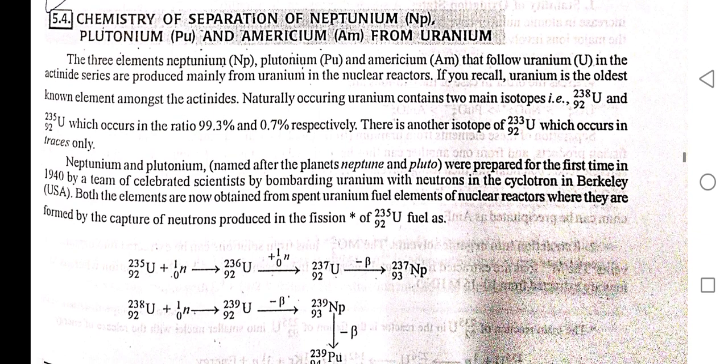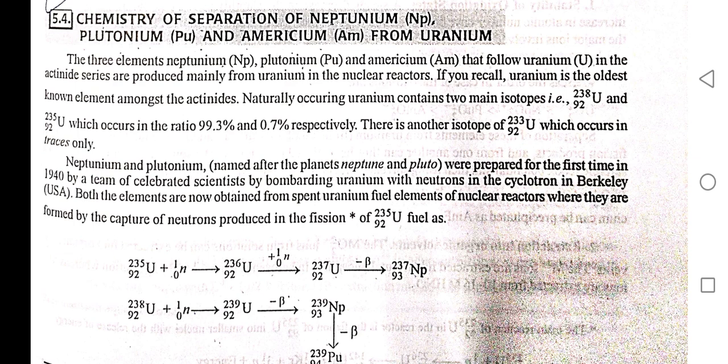The three elements neptunium, plutonium, and americium that follow uranium in the actinide series are produced mainly from uranium in the nuclear reactor. If you recall, uranium is the oldest known element among the actinides.